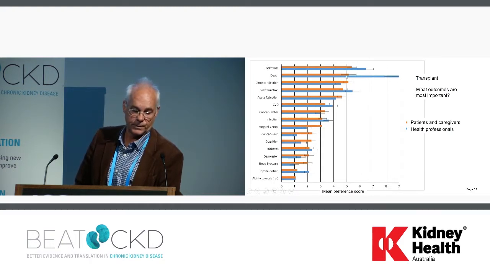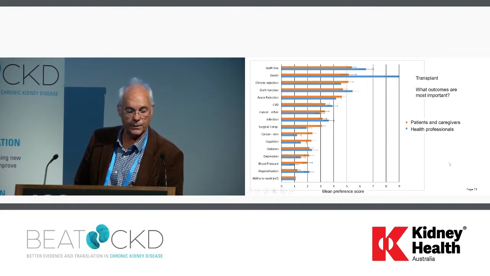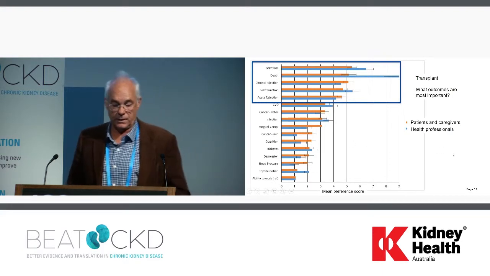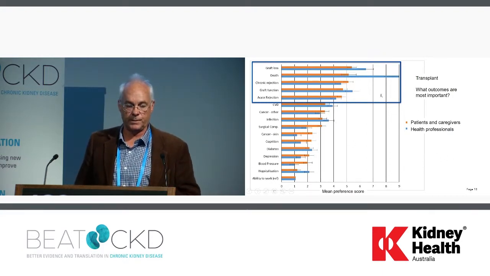I've ranked it, in this case, on the patients, from what's most important for patients down to what's least important. You can obviously see that there are some differences. I'll just look at one thing to note here, in the little box. This comes out over and over again with transplant recipients: the most important things for them, as important as dying, is anything associated with graft function.